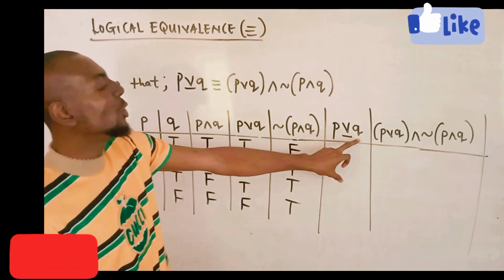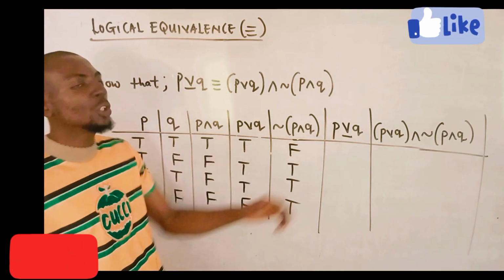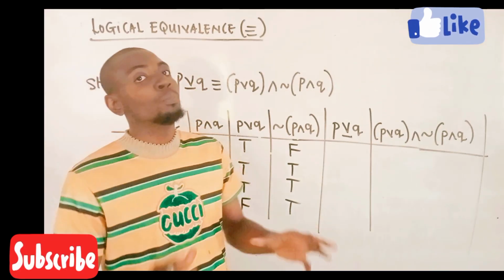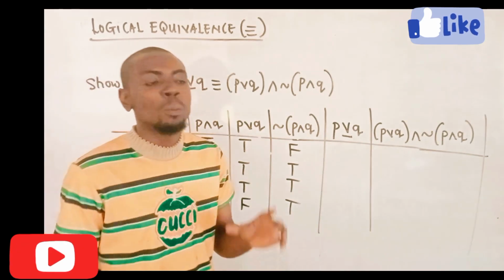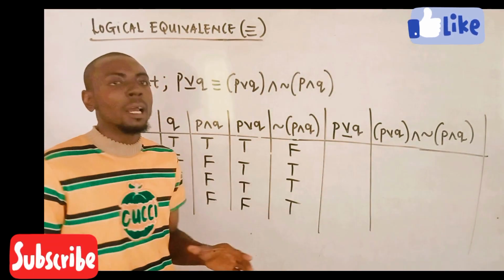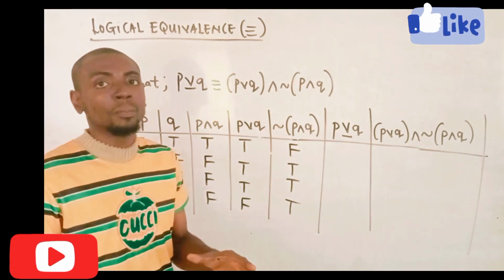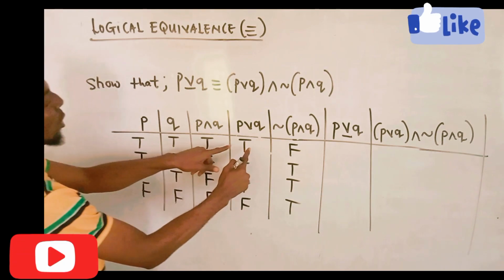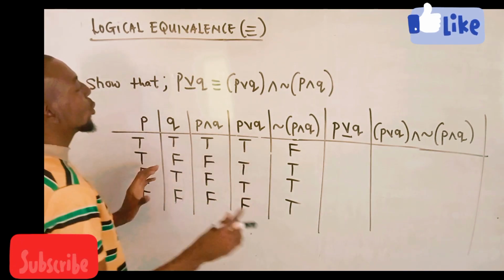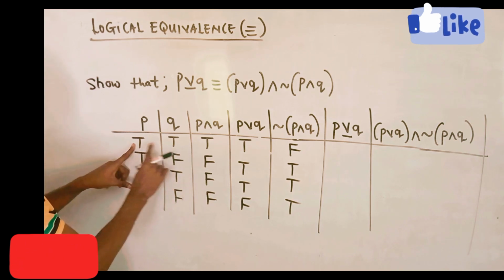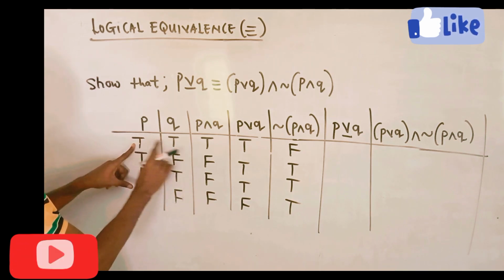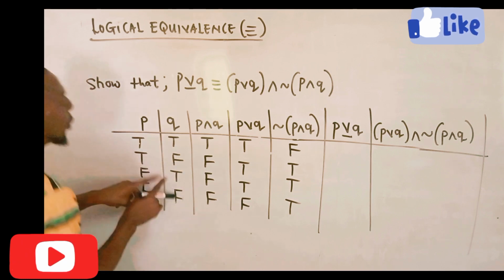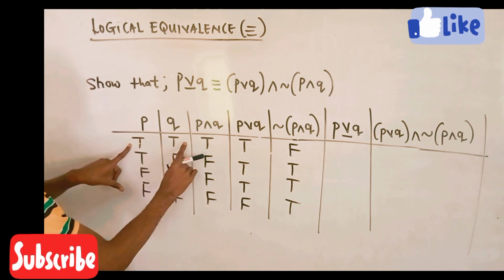P exclusive disjunction Q. Under exclusive disjunction, it means P or Q, but not both. Meaning, if both are truth, it will be false. Either P can be truth or Q can be truth, but both cannot be truth.